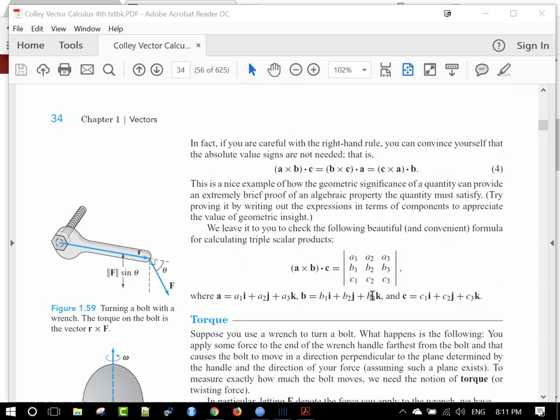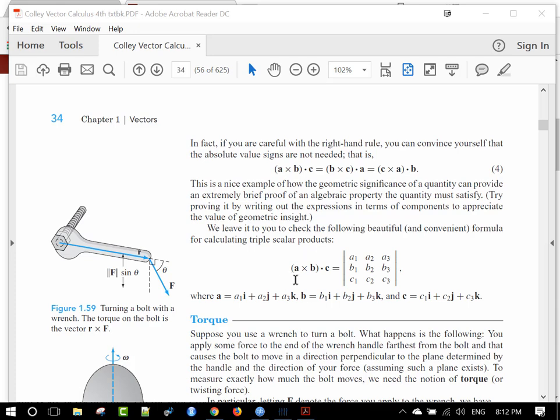And they say you can convince yourself of that if you think about the right-hand rule. They say you can also get the result of A cross B dot C using this, and we leave it to you to check the following beautiful and convenient formula for calculating the triple scalar product.